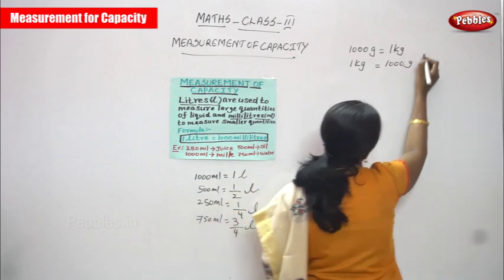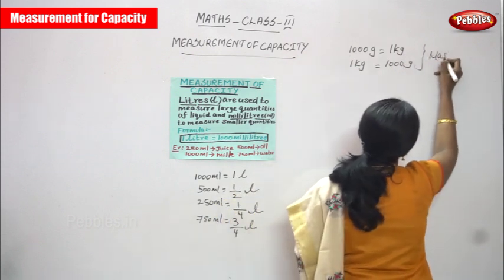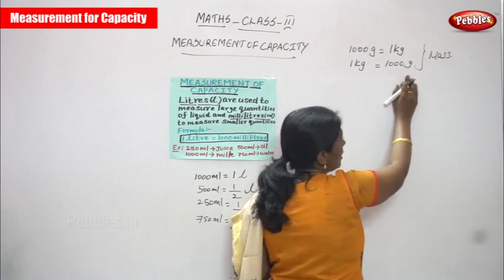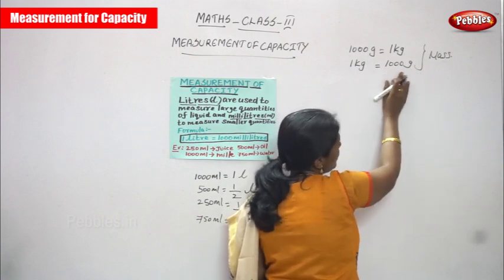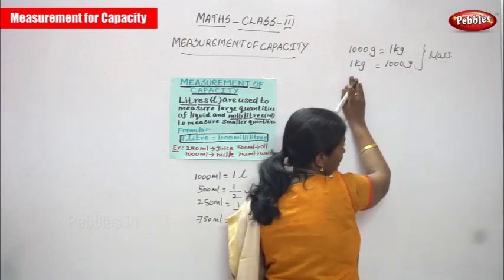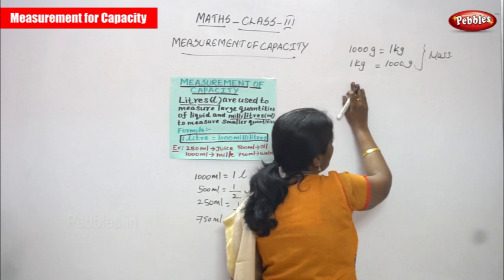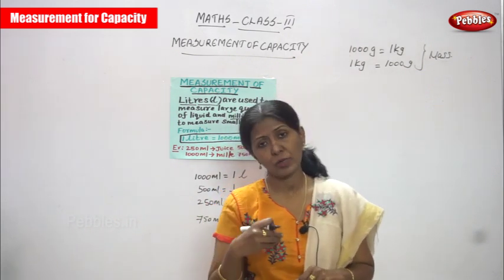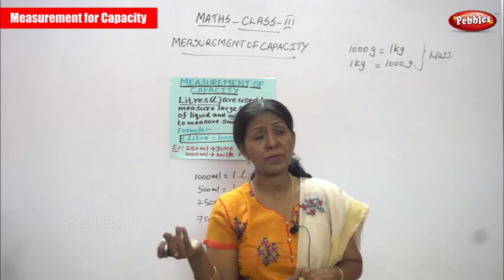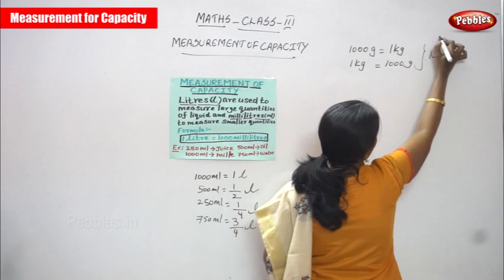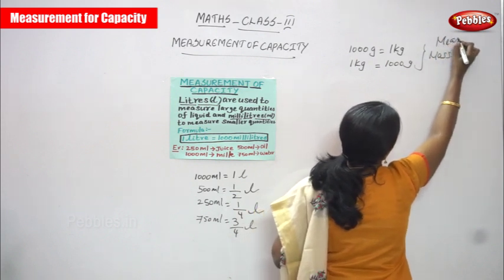This is mass. If you want to measure a smaller object, we measure in gram. Kilogram is for larger objects. This is measurement of mass.